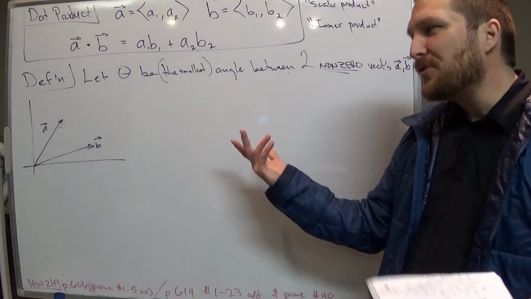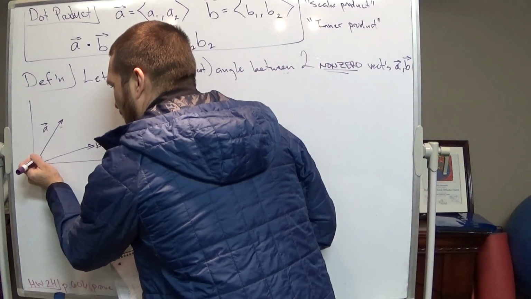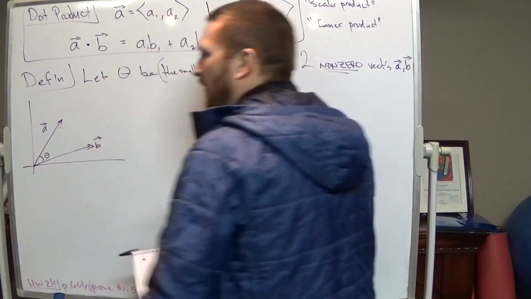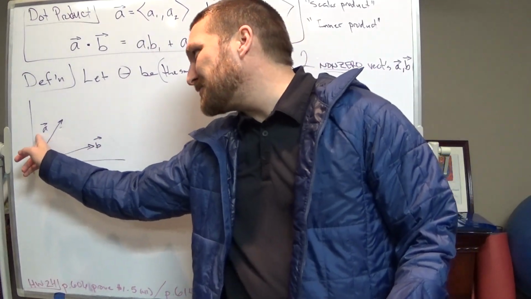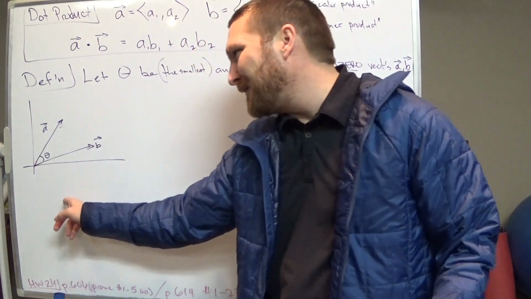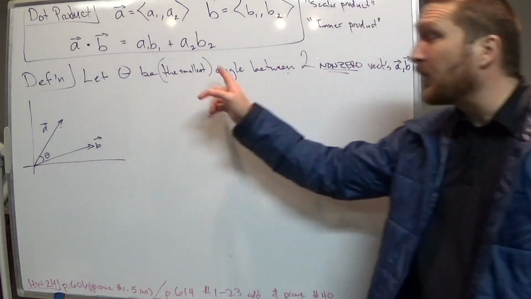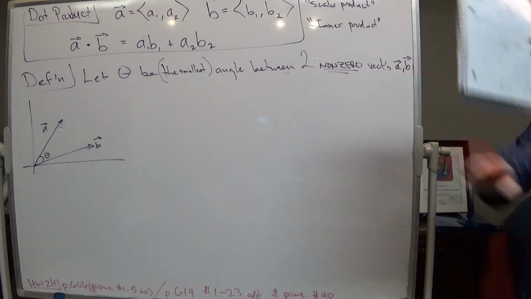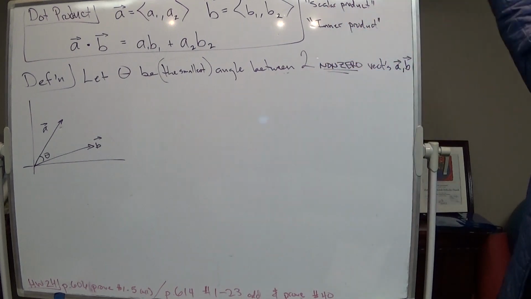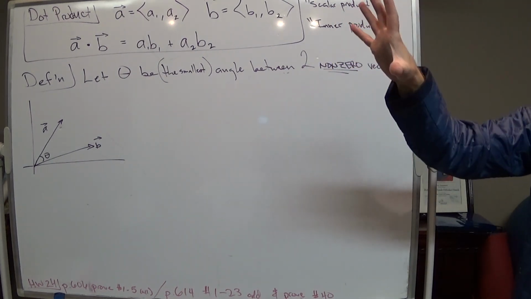Well, there's two ways you can measure this angle. There's the obvious way, which is from here to here. We call that theta. The other way would be to measure around that way. Don't do that. We're talking about the smallest one. So you give me any two vectors in any space, I don't care, 3 space, 4 space, doesn't matter, both coming out of the origin.